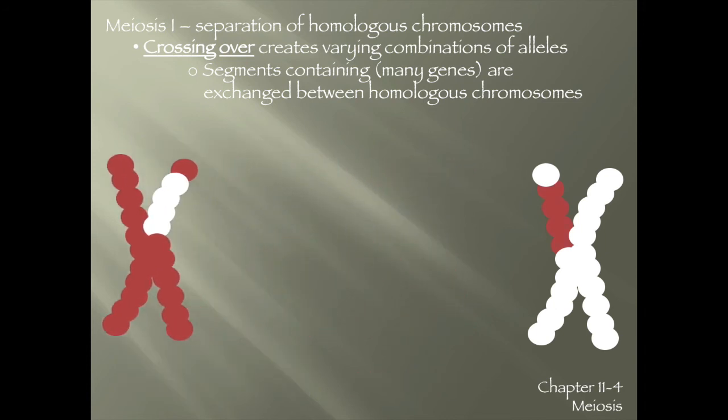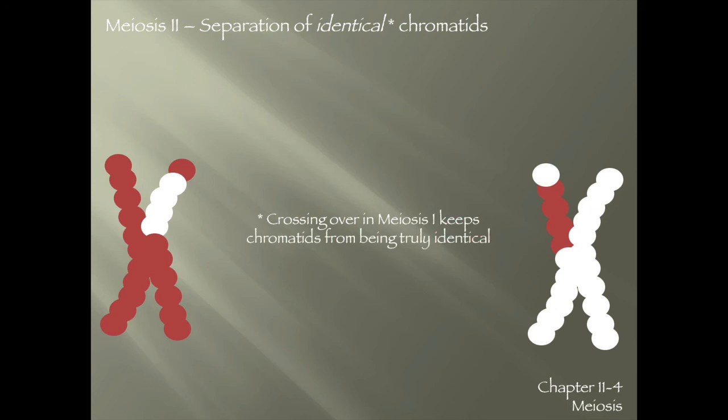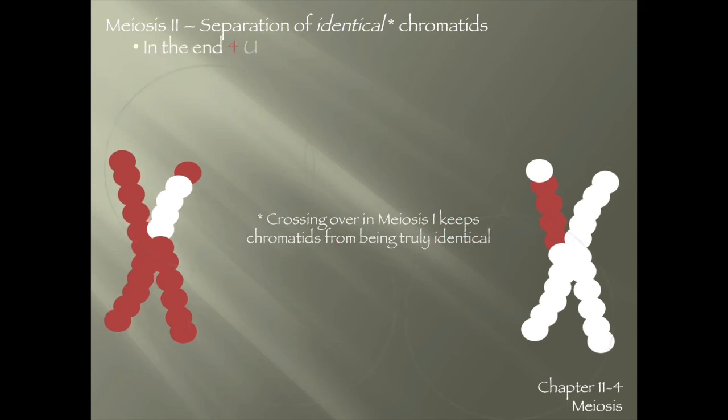So let's say hypothetically meiosis 1 ends. We separate the homologous chromosomes, which leads us to meiosis 2, which is the separation of the identical, and I'll say that with an asterisk because they're no longer identical. Crossing over truly makes them not identical, but theoretically they're attached and they're chromatids.